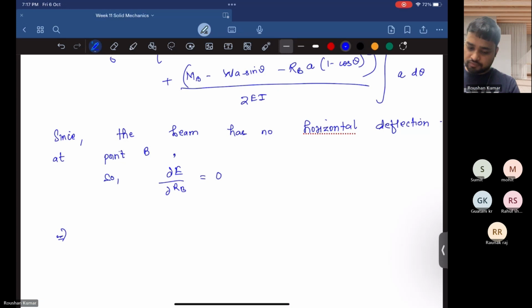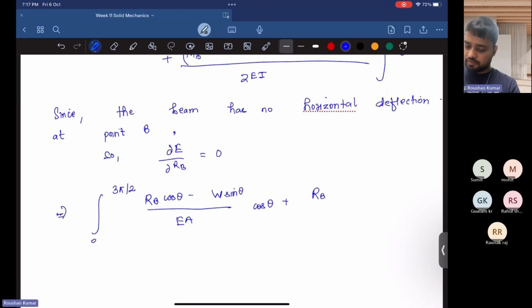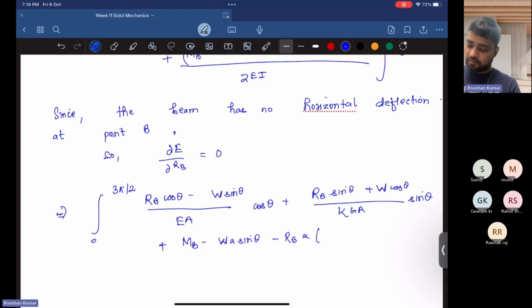So if we take the derivative, we will get the integral over 0 to 3 pi by 2 of RB cos theta minus W sin theta upon EA cos theta plus RB sin theta plus W cos theta upon kappa GA into sin theta plus MB minus WA sin theta minus RB into A into 1 minus cos theta upon EI into minus of A into 1 minus cos theta into A d theta.